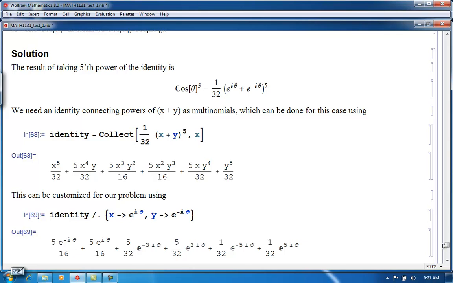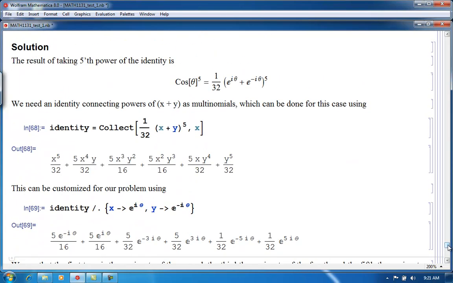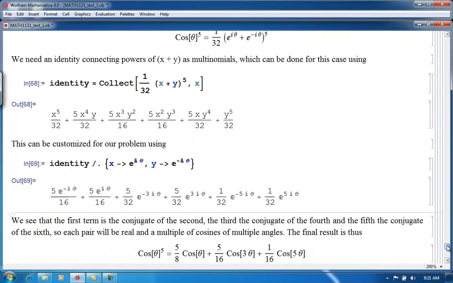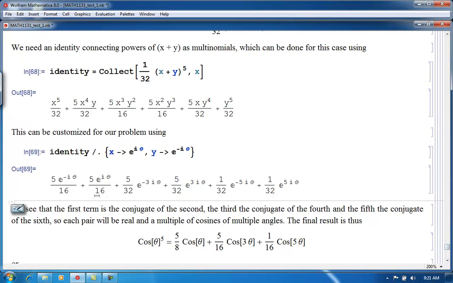And if we look at all that, we can see that this term plus this term is the sum of a complex number and its conjugate, and this is just 10 times the cosine of theta divided by 16, which is 5/8 cos theta.